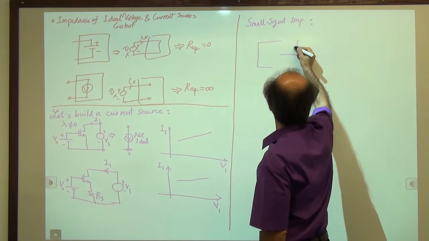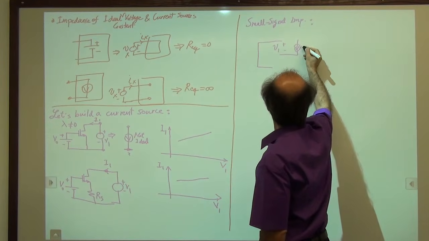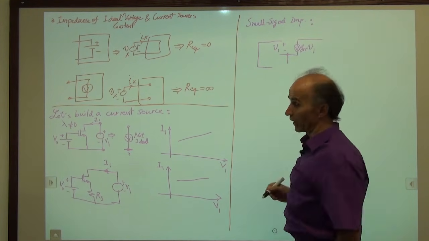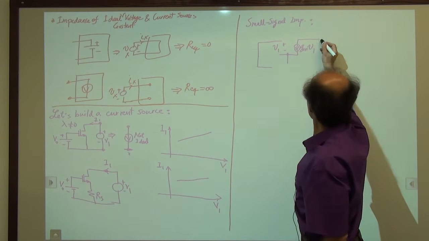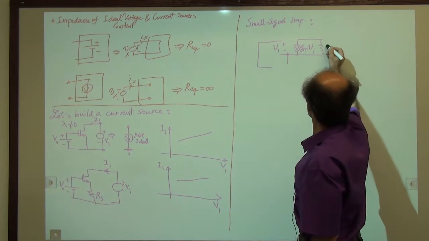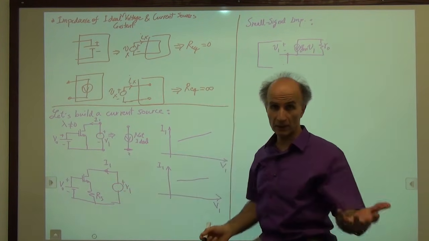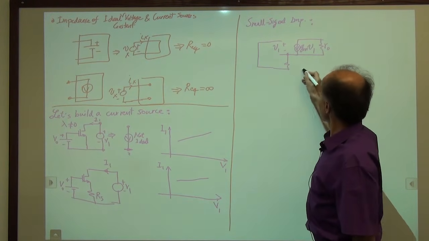So we have this. That's the source. Now, obviously, if I'm interested in channel length modulation, I do need to include RO here. Otherwise, this would be infinite impedance, this would be infinite impedance, which doesn't make a lot of sense. And then we have RS.